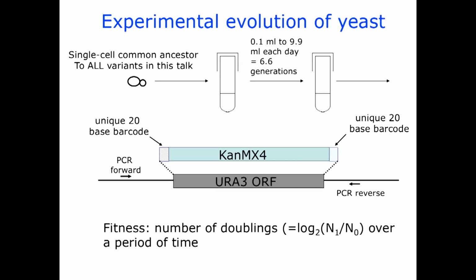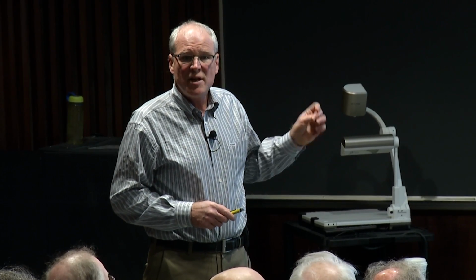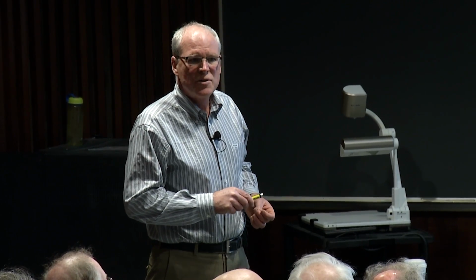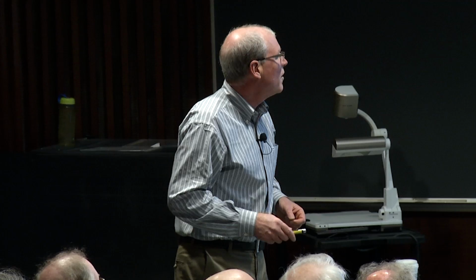It's just basically the number of doublings. But we use barcode abundance to get at this quantity. Okay? This is a simple measure of fitness. It's much more complicated in nature, but it works for our immediate predictions. And also with next-gen sequencing, the first thing we do with a sample is recover our barcodes right off the bat to make sure no one has messed up along the way. So it's a simple experimental system.